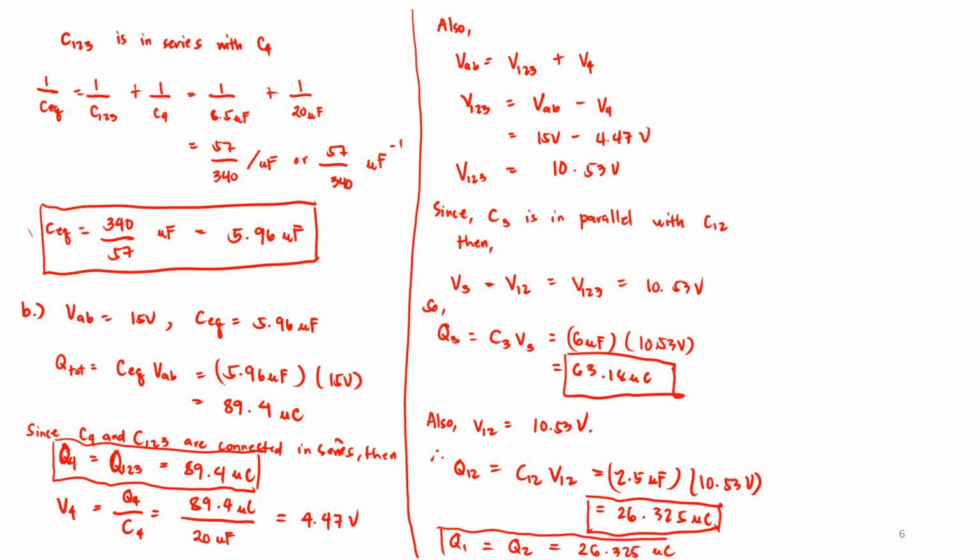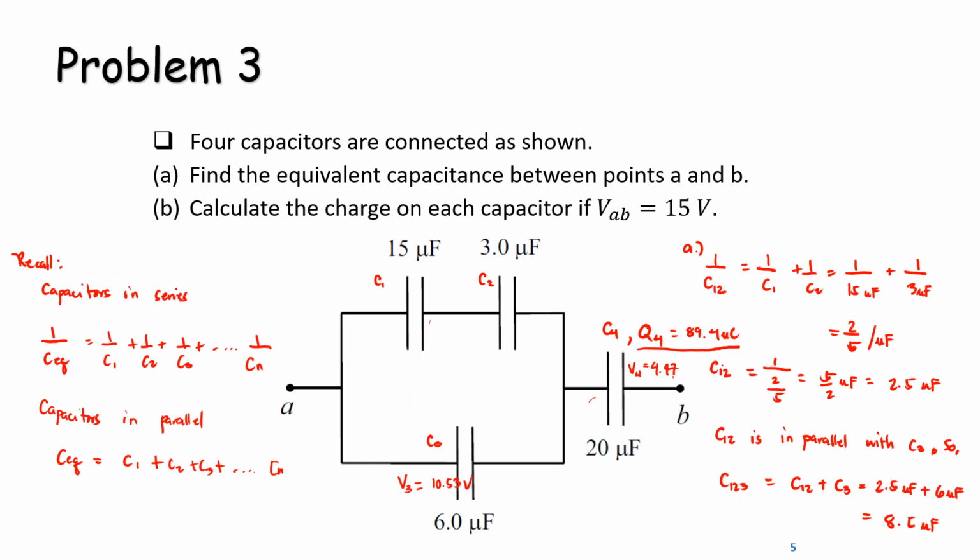Now we have obtained the charges in each of the four capacitors. Q1 is equal to Q2, which is 26.325 microcoulomb. Q3 is 63.18 microcoulomb, and Q4 is 89.4 microcoulomb. Now let us check this. The total charge of these three capacitors should be 89.4 microcoulomb, the same as this one.